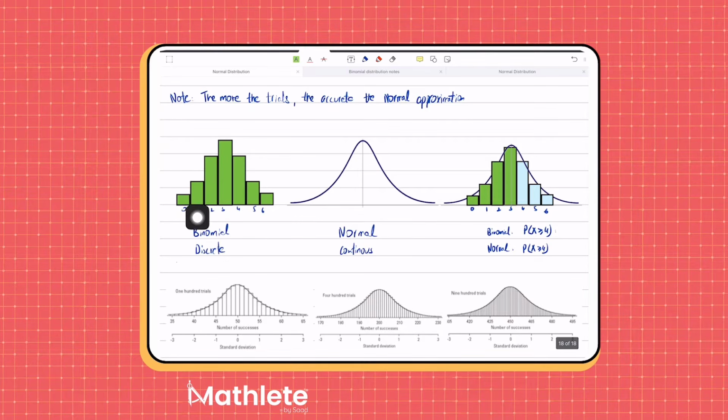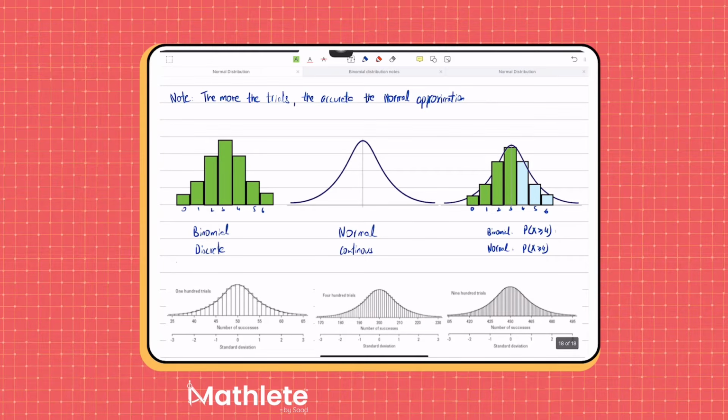Now we know that a binomial distribution is of a discrete random variable, which is why you see discrete values over here. So 0 has a certain probability, 1 has a certain probability, 2, 3, 4, 5 and 6. Now normal distribution is applied to a continuous variable, like for example height, length, mass, all those kinds of things.